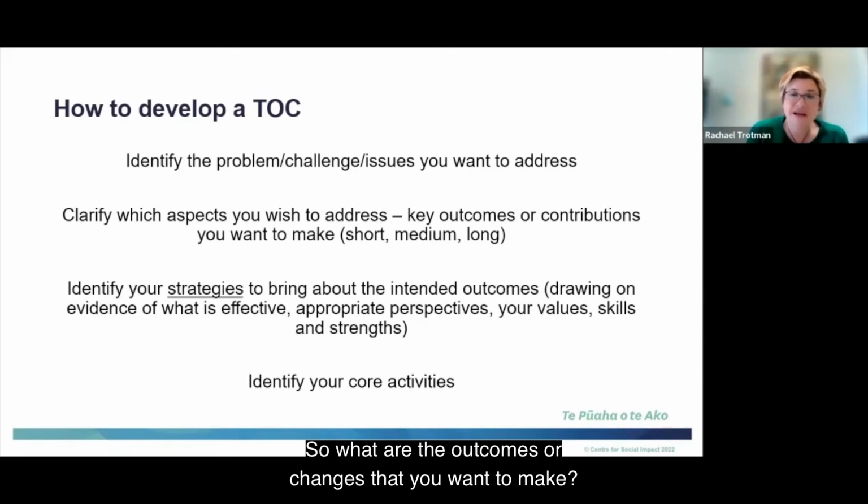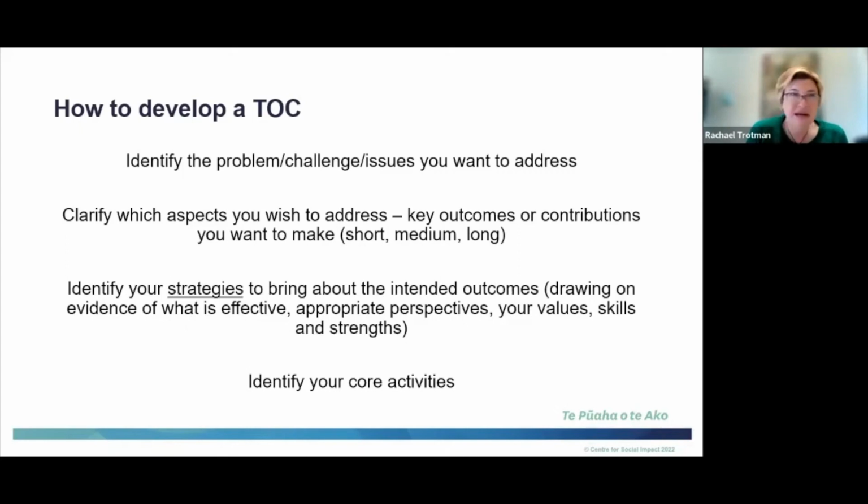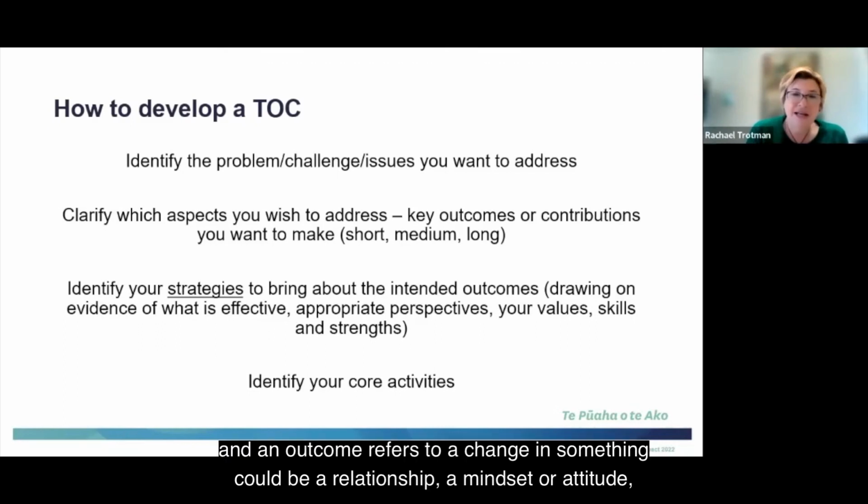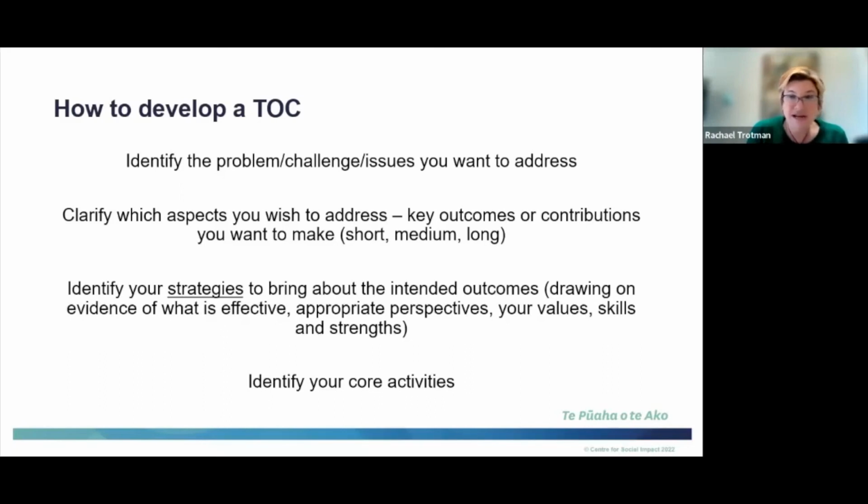So what are the outcomes or changes that you want to make? And those outcomes may be to relationships, to processes, and an outcome refers to a change in something. It could be a relationship, a mindset or attitude, behaviours, practices, policies, investment.